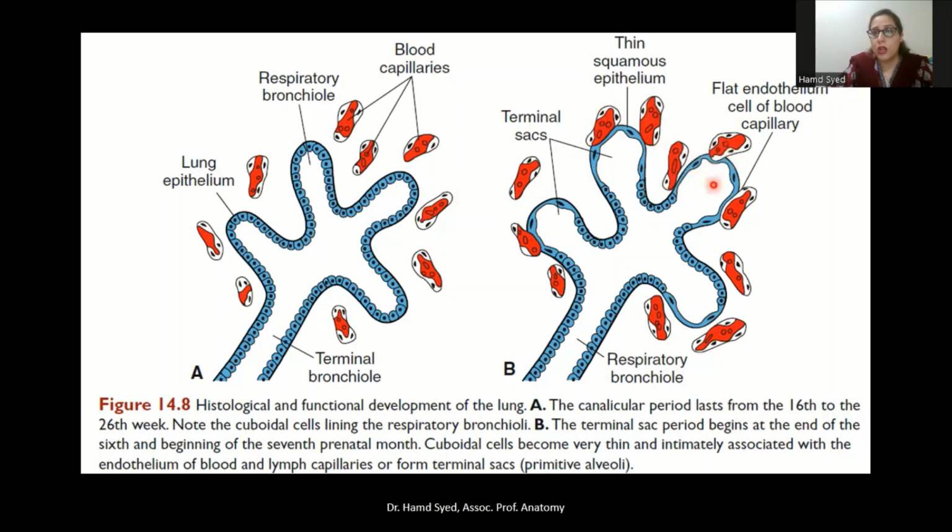So gaseous exchange is now possible. And so the prospects of survival, the prognosis, would be better at this stage of development if the fetus were to be delivered.